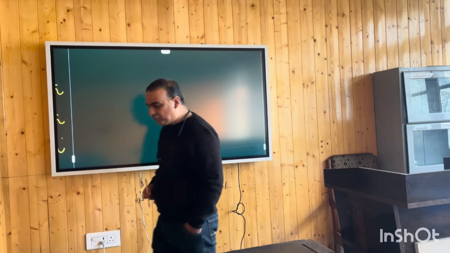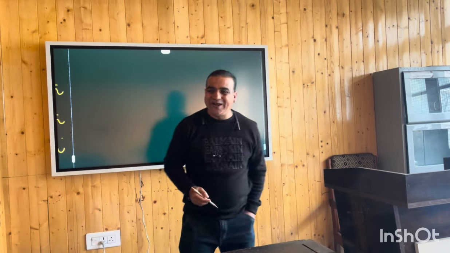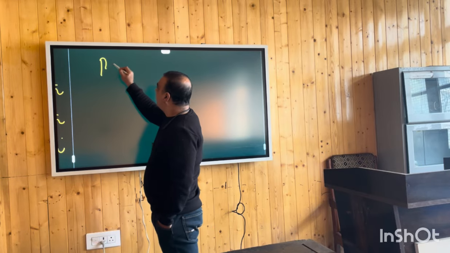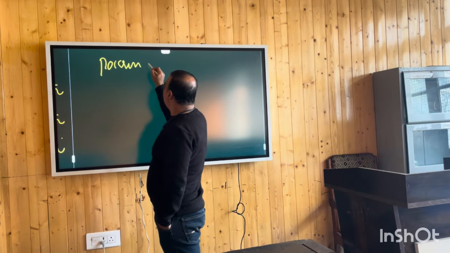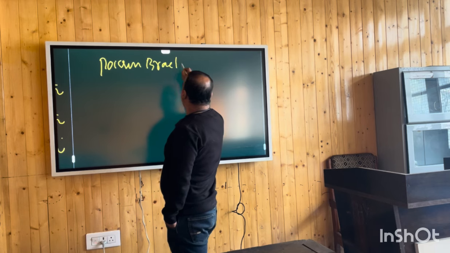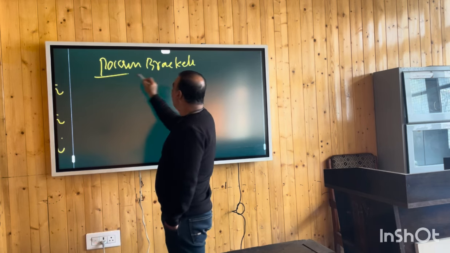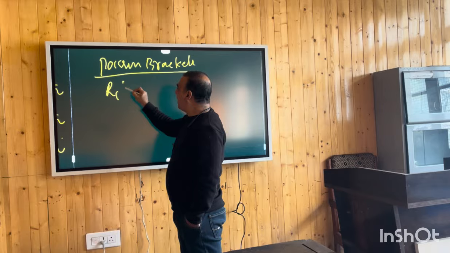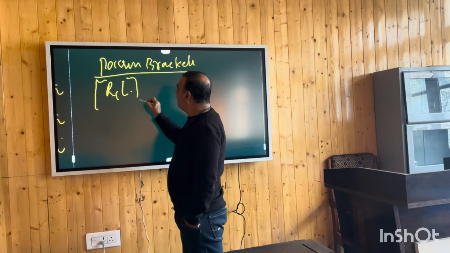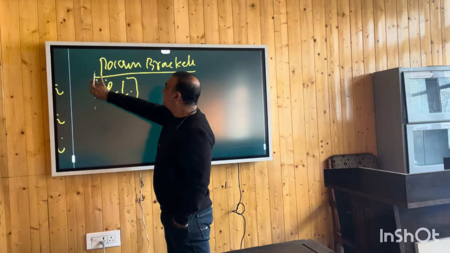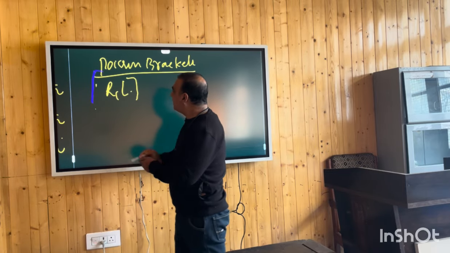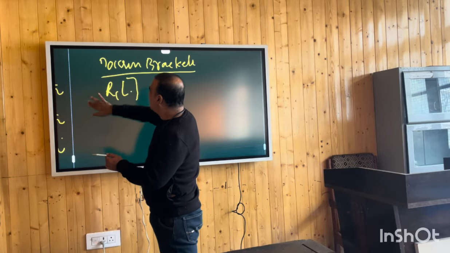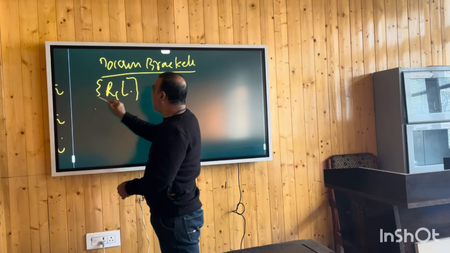But one thing I would like to tell is that in classical physics, we have Poisson brackets. So if you have the position R and angular momentum L, what you do is you calculate the Poisson bracket, with curly brackets.